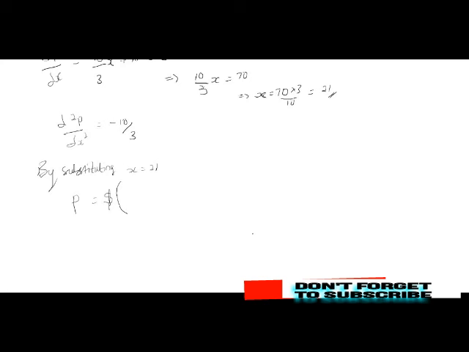Then we substitute into that initial equation that we calculated for profit, which is minus 5x squared over 3.